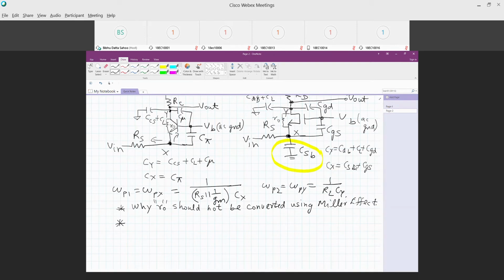In this case, if you look at it, Rs parallel 1 over Gm would be roughly equal to 1 over Gm. Okay, if that is the case, isn't omega P1 roughly equal to Ft of the transistor?